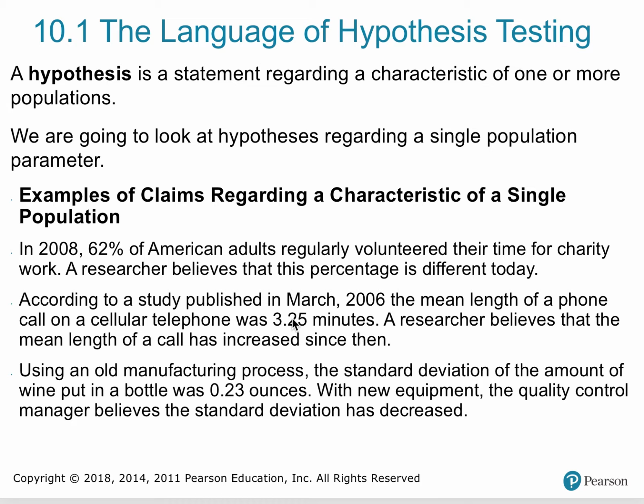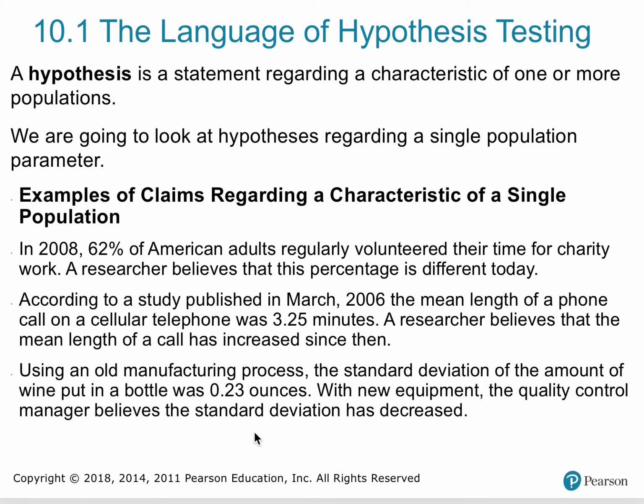According to a study published in March 2006, the mean length of a phone call on a cellular telephone was 3.25 minutes. A researcher believes that the mean length of a call has increased since then. This is a statement involving the population mean. Using an old manufacturing process, the standard deviation of the amount of wine put in a bottle was 0.23 ounces.